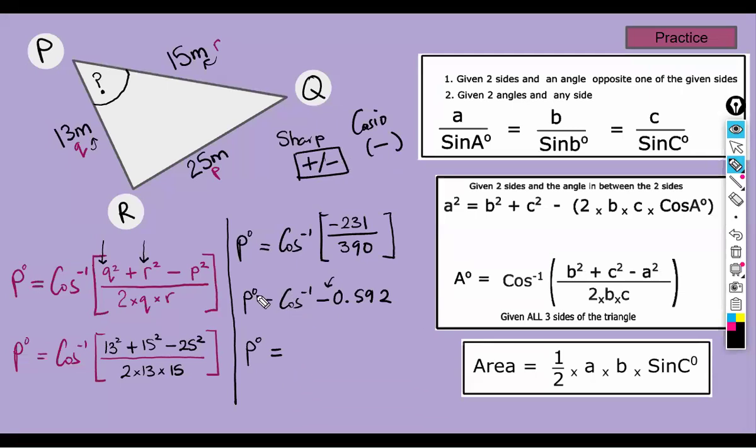On the Sharp calculator, you have to press second function cosine. And then you press the plus or minus button. That will give you a special minus sign here. And you type in 0.592. On your Casio calculators, you have to press the special minus sign. I don't know about the Texas Instruments calculators. I'm not familiar with those.